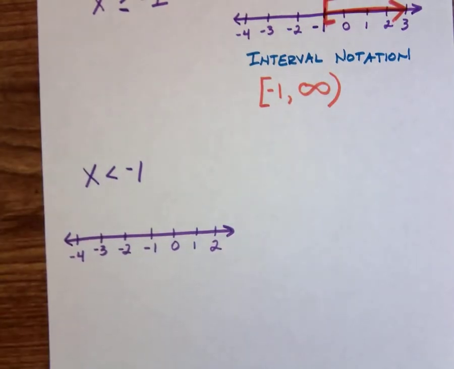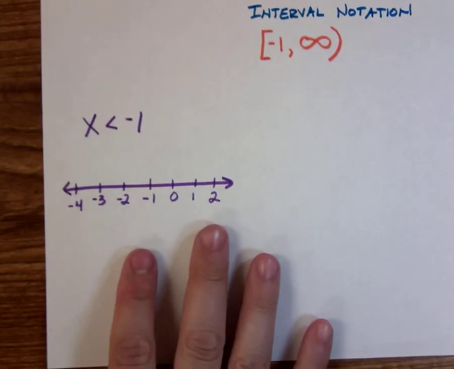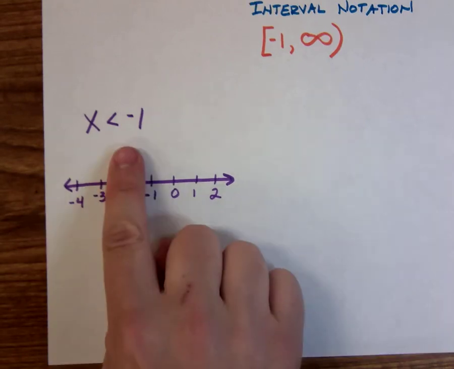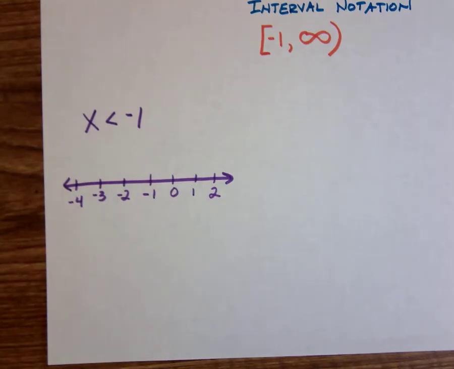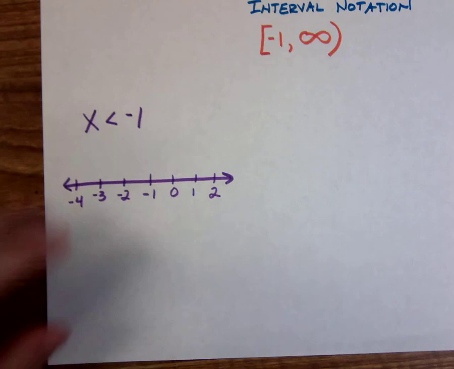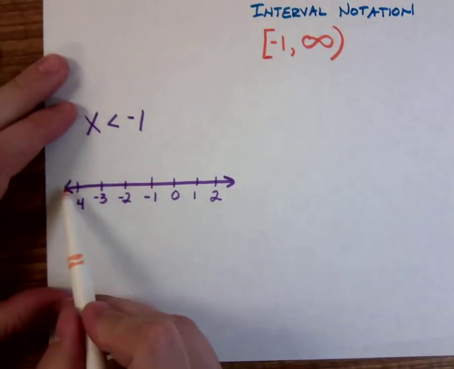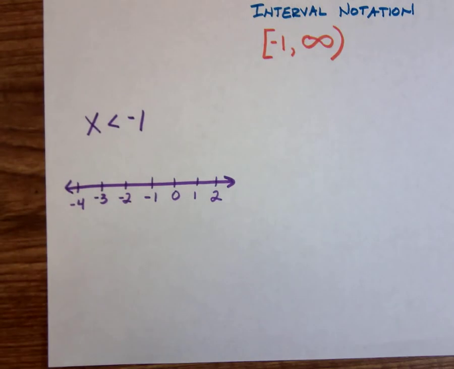So x is less than -1 means, what are my numbers? Is -1 one of my numbers? No, because it doesn't equal -1. So what are my numbers? -2, -3, -4. So from the -1 right here, all the numbers lower than that, but not including -1.